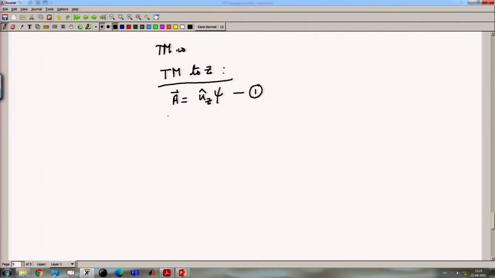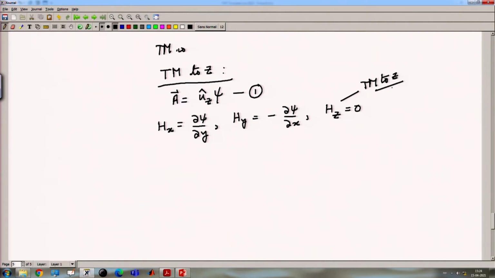The corresponding magnetic field distributions are given by H x equal to del psi del y, H y equal to minus del psi del x, and H z equal to 0, whence the name TM to z mode. This is also not new to us, we have derived all these equations before.